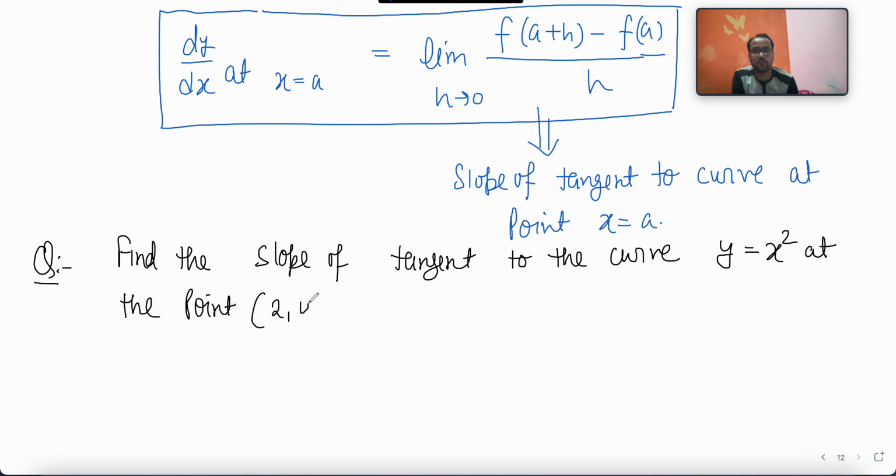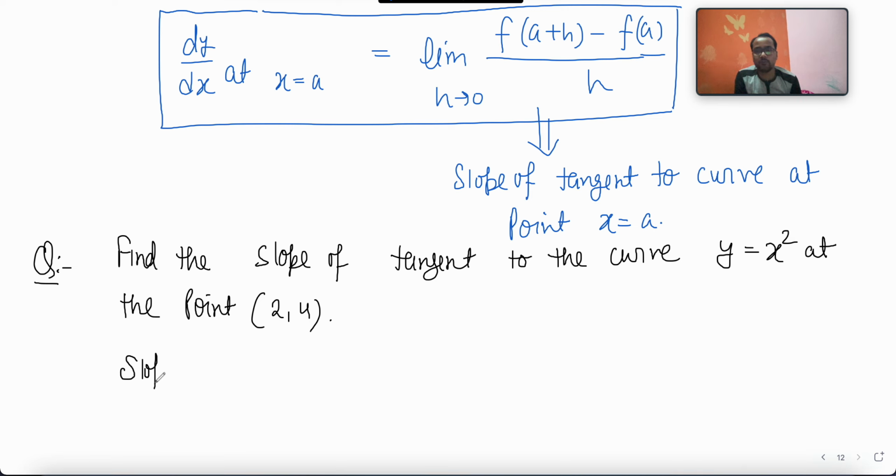It's not 3, 2, 4, because if you put x equal to 2, it will become 4. Basically, what I want to ask is the slope of the tangent to the curve y equal to x square at the point x equal to 2. So you know the formula.